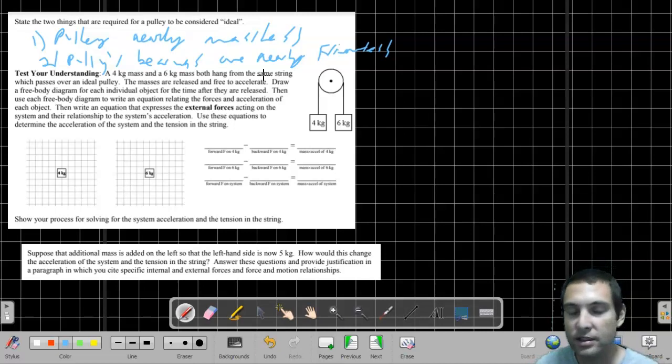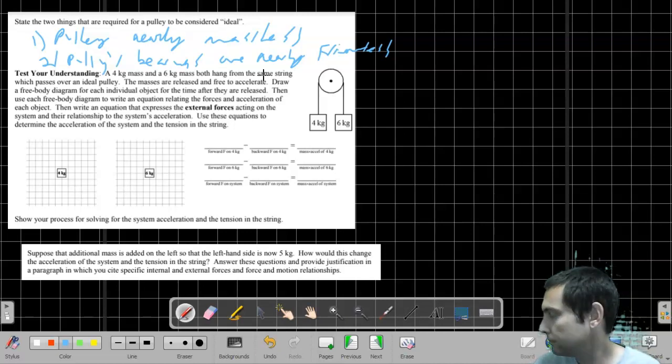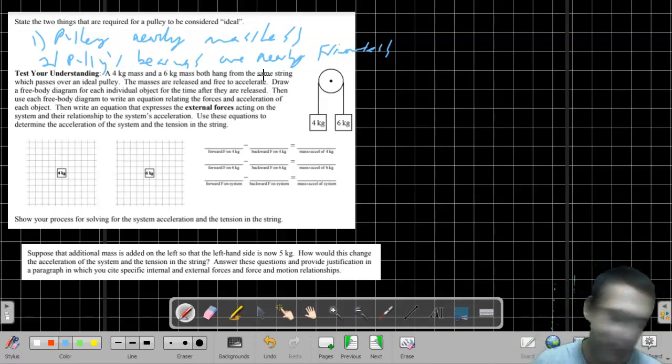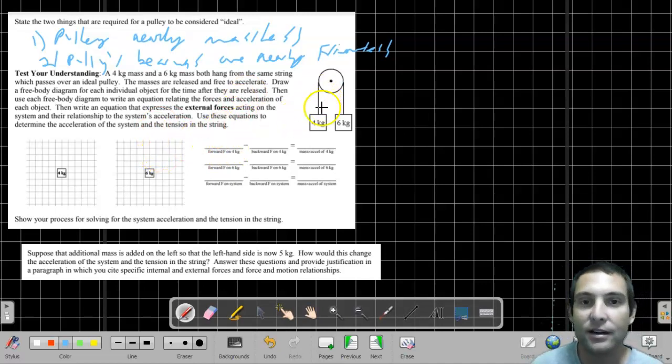So if we're dealing with forces, first draw your free body diagrams, and then get your Newton's second law equations, and then solve for whatever it is you need. You can use a system of equations if necessary, but we can also just treat this as a system, right?